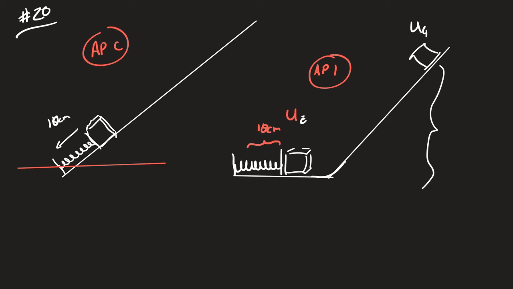On the left, it's going to be a little more difficult because when I pull the box back, it's all spring energy. But the height that the box goes is going to have to include that 10 centimeters. It's not a big deal, but it's a deal, especially because it's at an angle here.